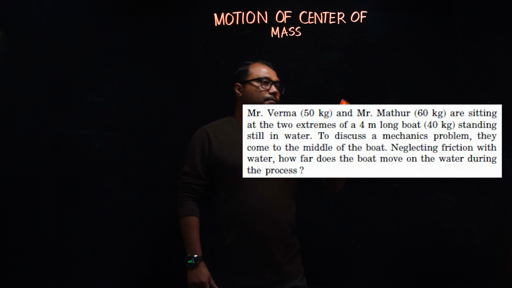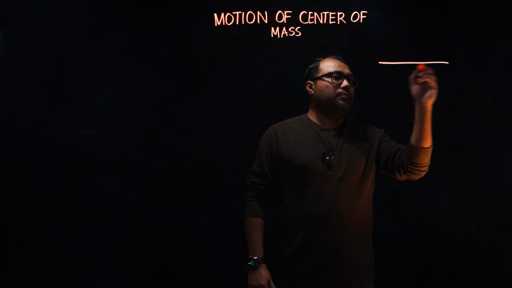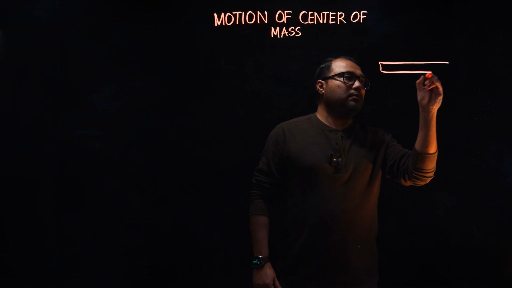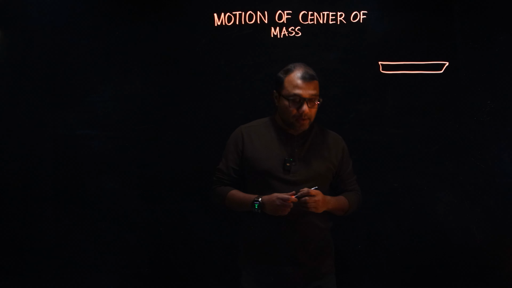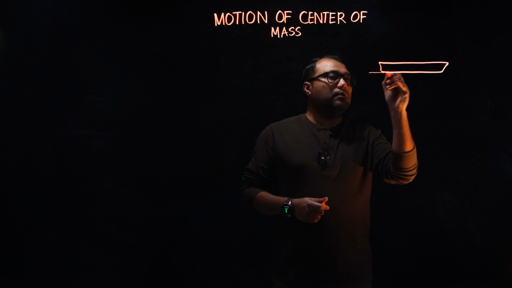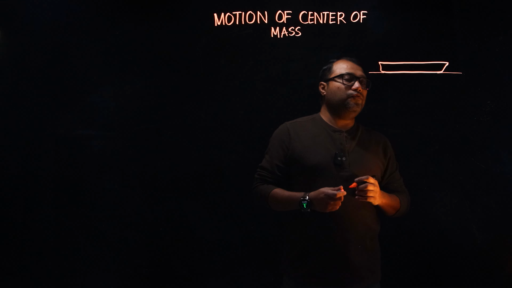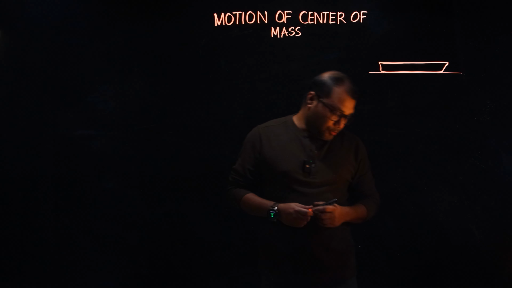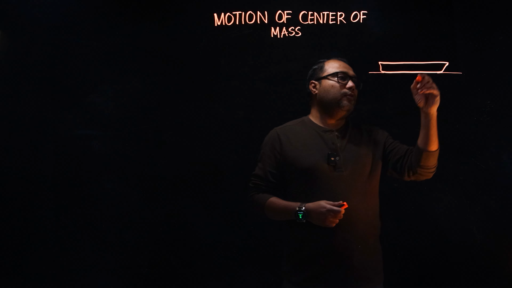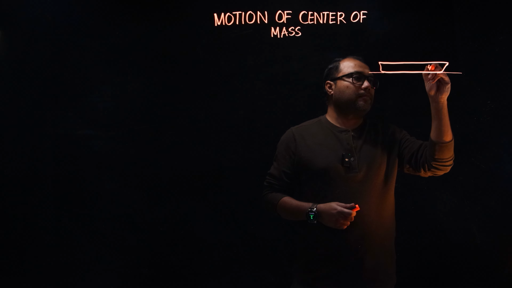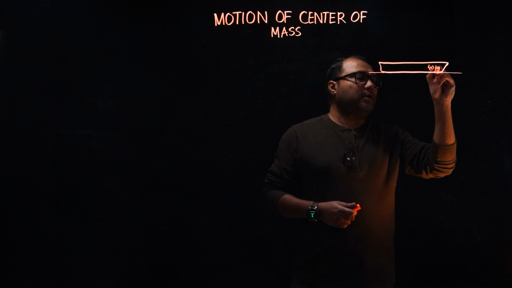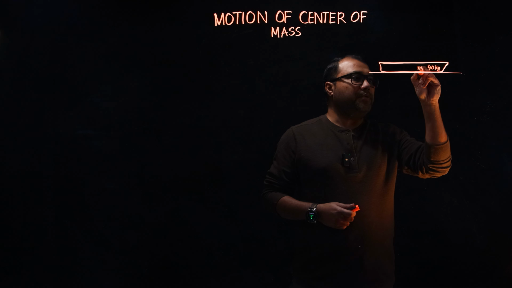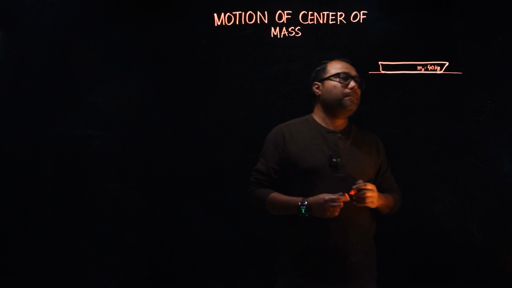Okay, so let's say here is the boat, and obviously it's on water, no friction. The boat weighs 40 kg. Let me just write it as MB, 40 kg.